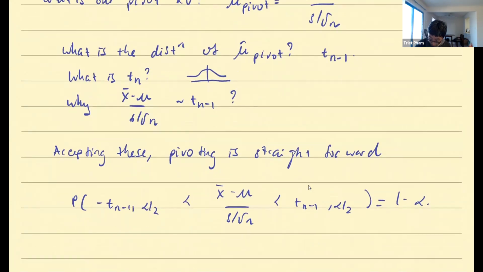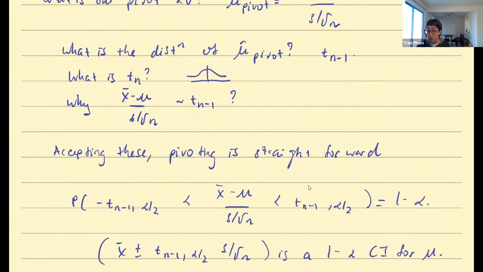And then obviously, from here, I know that x bar plus minus t n minus 1 alpha over 2 times s over root n is a 1 minus alpha confidence interval for mu, in the case when sigma is unknown. So the pivoting step is exactly like the case of the normal.